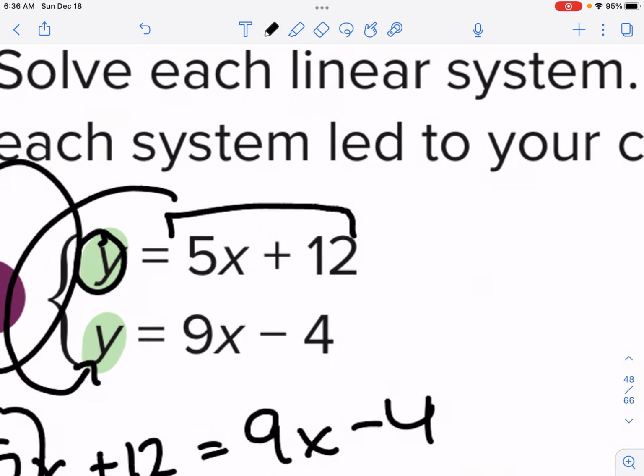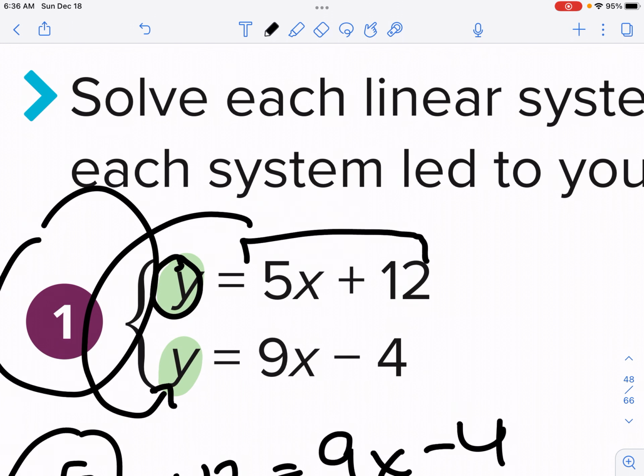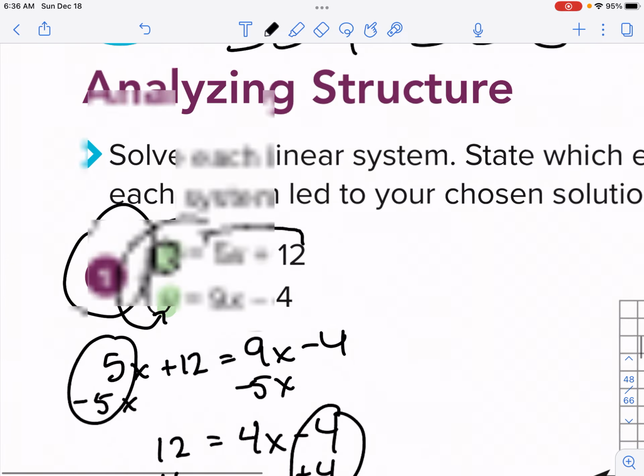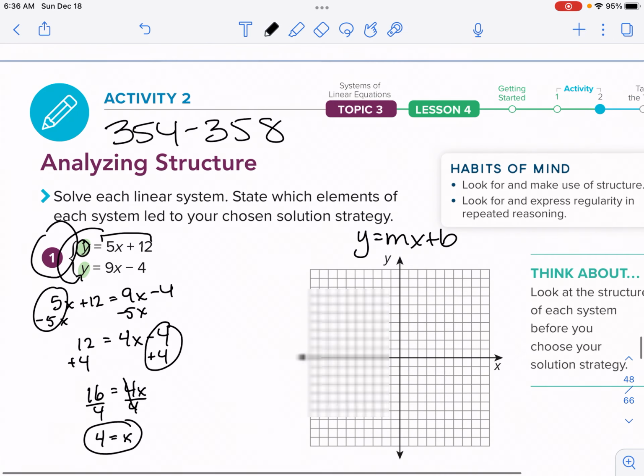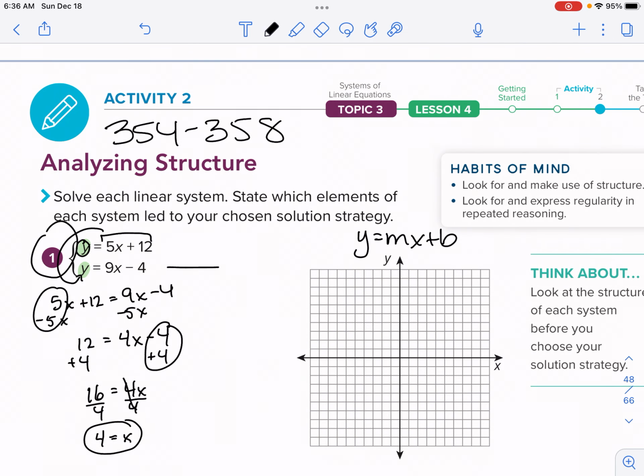You could choose any one of these 2 equations. Which one would you choose? I might choose the first one because they're both positive, or I might choose the second one because the numbers are smaller, but I do see that we have a negative. For the purpose of this, let's choose the second equation, y equal to 9x minus 4. Instead of x, I want to plug in a 4 for x because we have 4 equal to x.